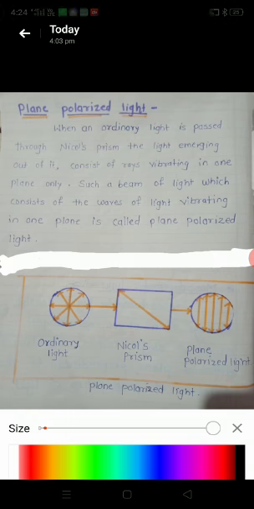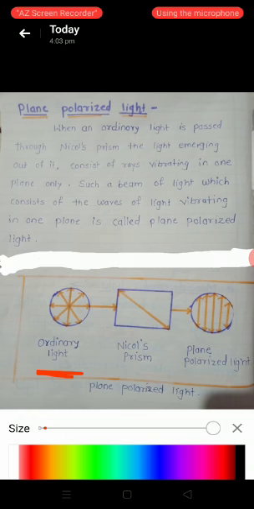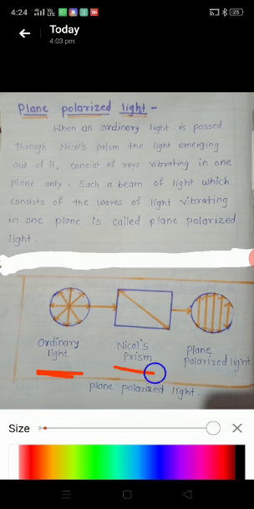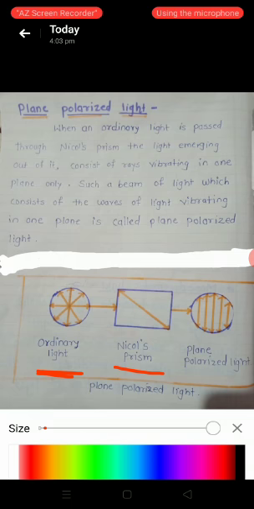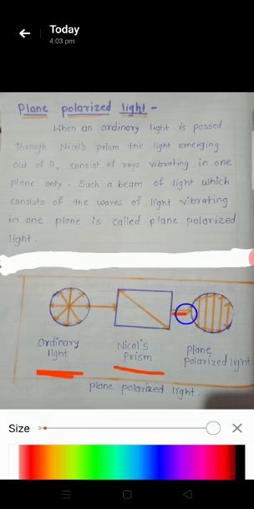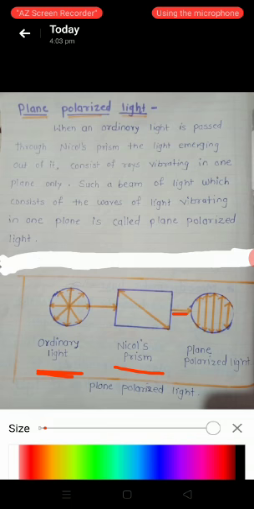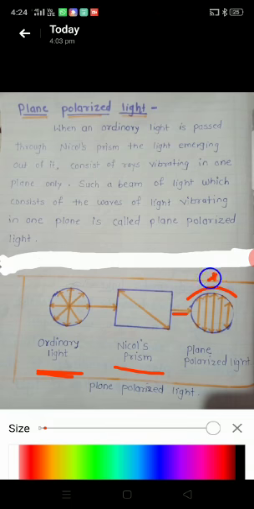When an ordinary light is passed through Nichols prism, the light emerging out of it consists of rays vibrating in one plane only. See here, the rays vibrate in one plane only.